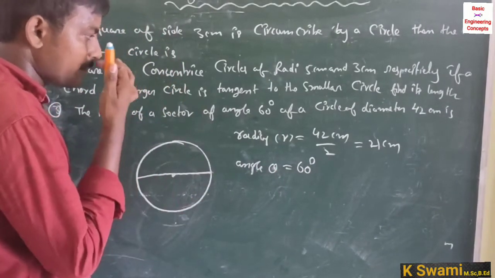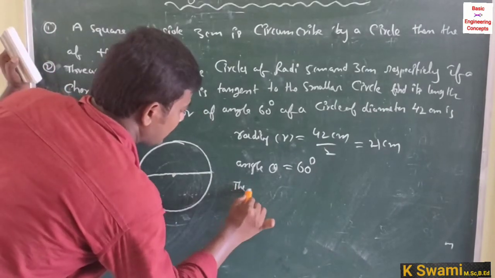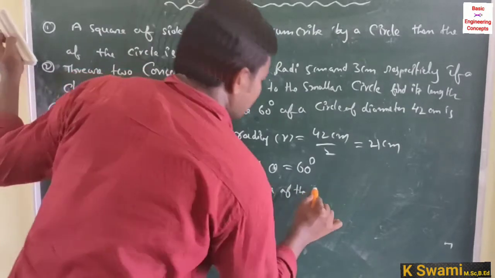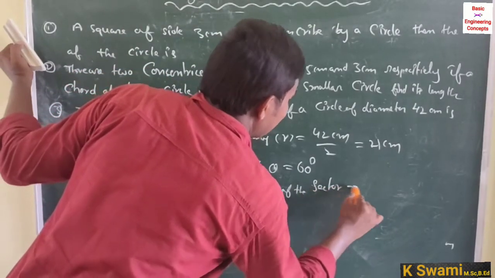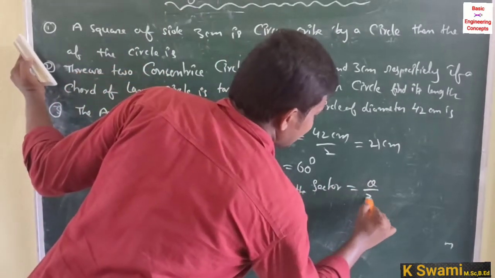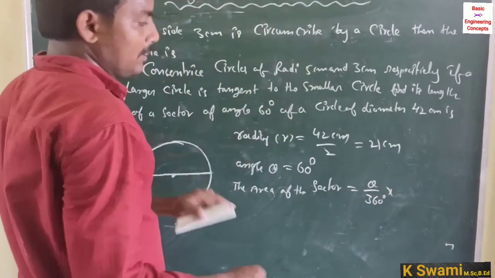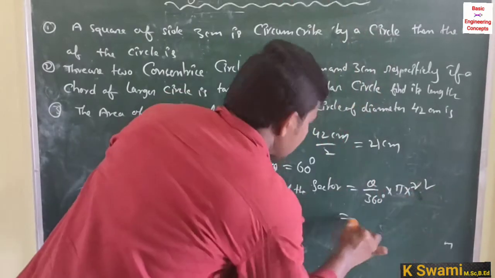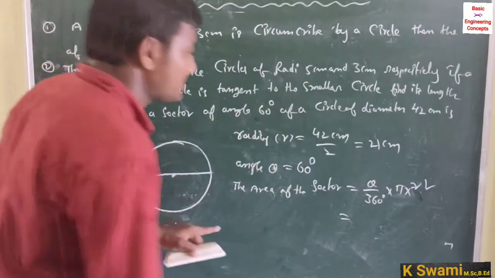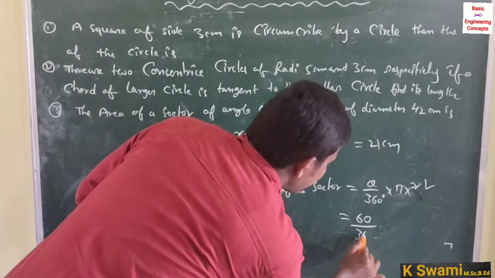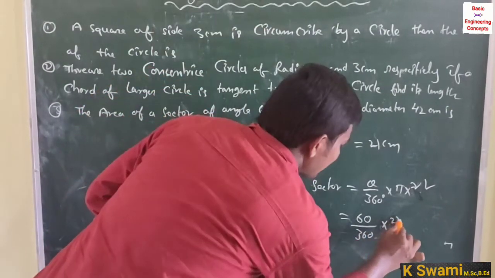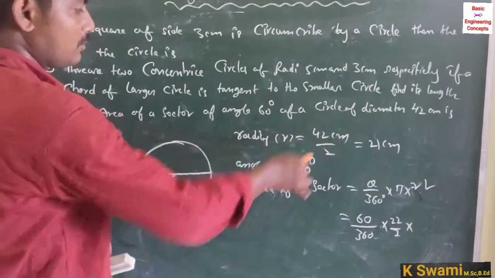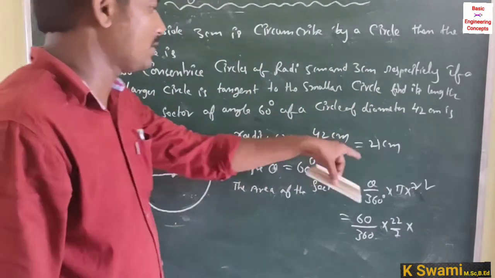The area of the sector is equal to theta by 360 degrees into pi into r square. Theta means 60 degrees. 60 by 360 into pi, which is 22 by 7, into remaining r square. r is equal to 21 centimeters.